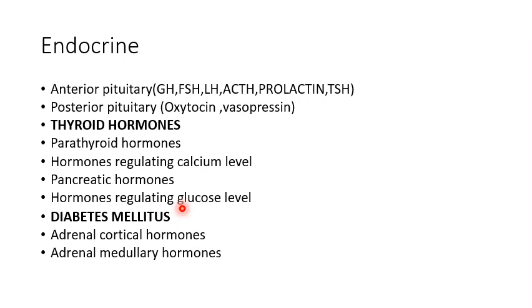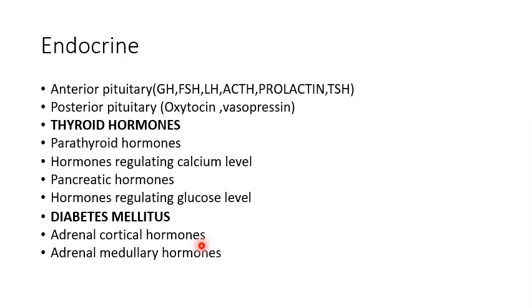Other than this, we have to explain the role of thyroid hormone in regulating glucose level, and cortisol in regulating the glucose level. So this is to be added. Then diabetes mellitus, read everything about diabetes mellitus, what are the types of diabetes mellitus, and what is the physiology behind the pathogenesis of diabetes mellitus.